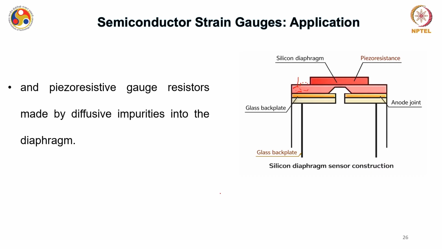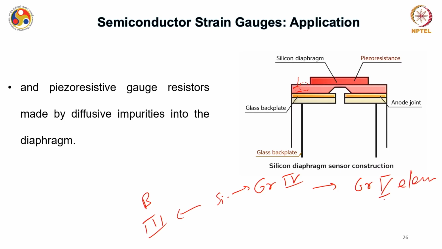You know that silicon is a group 4 element, and it is very popular to dope it with group 3 elements like boron, and similarly group 5 elements. If you dope a group 3 element in silicon, you call it p-type silicon, and when you dope a group 5 element, you are making n-type silicon semiconductor.